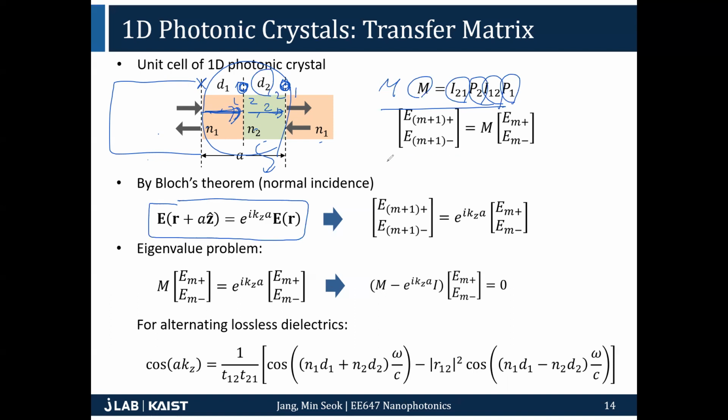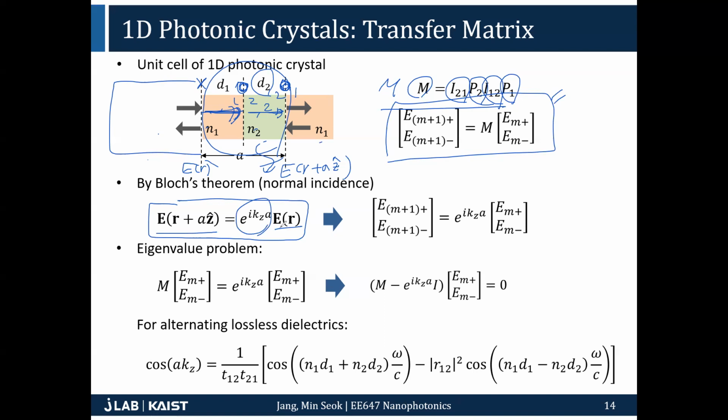This is one equation that we know from the transfer matrix formalism. But now, let's say you define this as E of r, then this becomes E of r plus a z, because this is basically one lattice spacing. And Bloch's theorem tells you that this part and that part should be connected by this, right? That's what we know from Bloch's theorem.